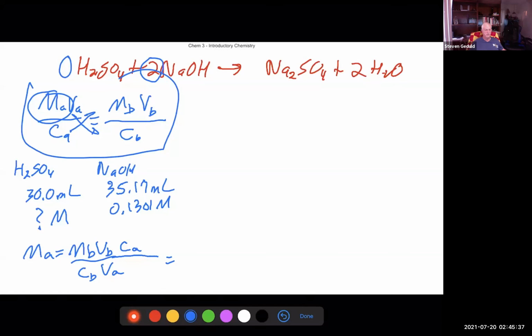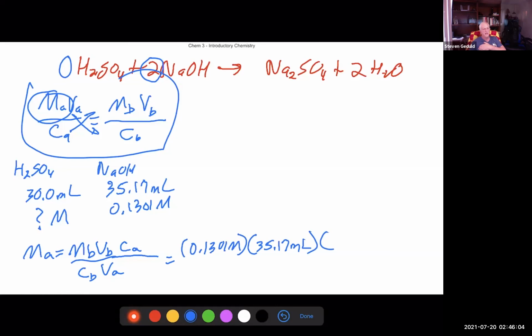The molarity of the base is 0.1301. The volume of the base is 35.17 milliliters. The acid is H2SO4.